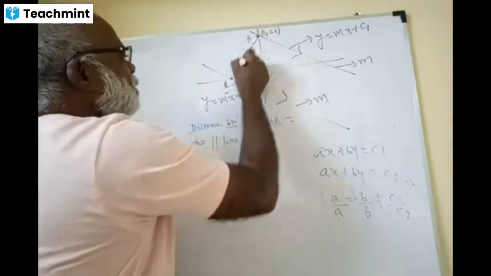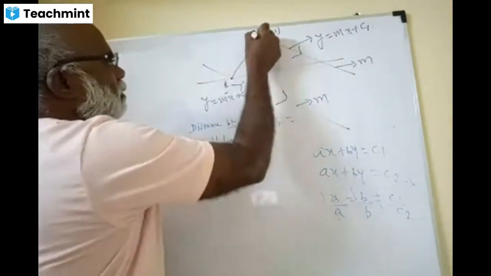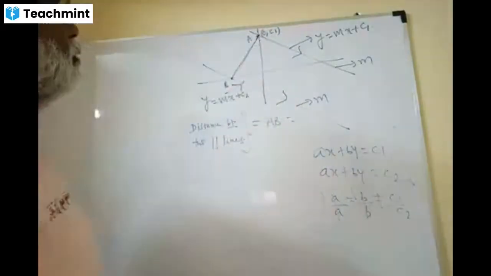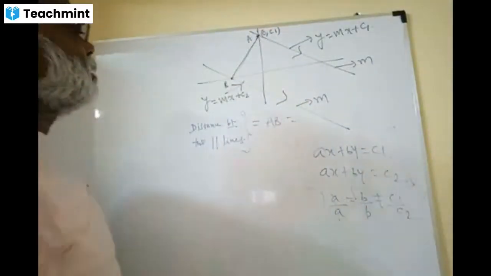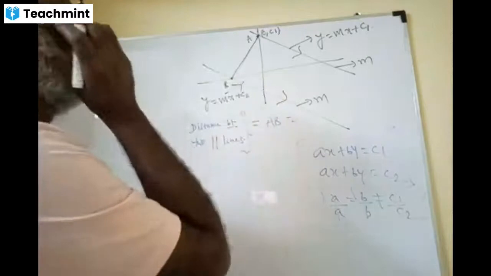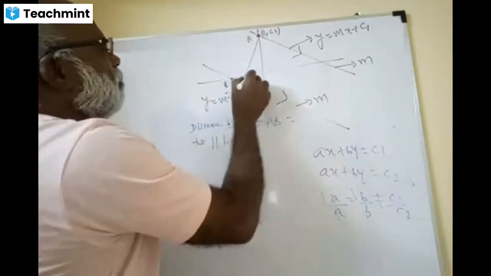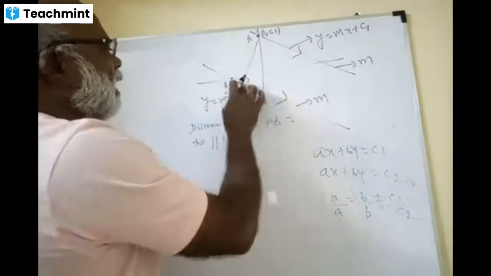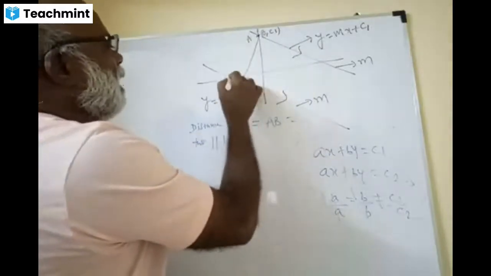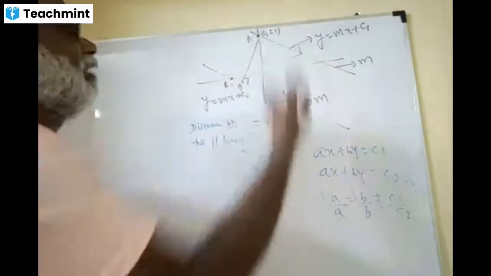What is this called now? The distance between the two parallel lines. Draw a perpendicular from A. It did not come to B; it can come anywhere.